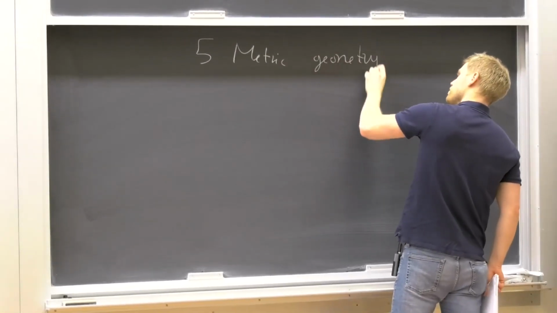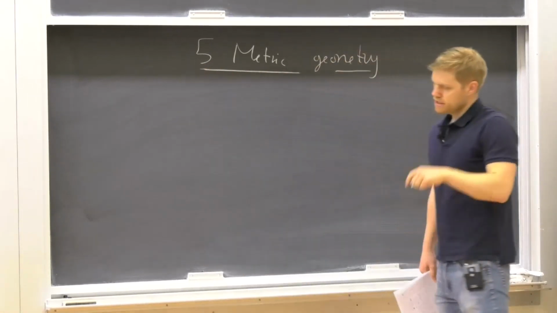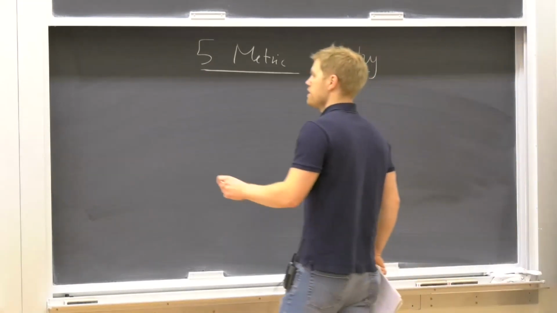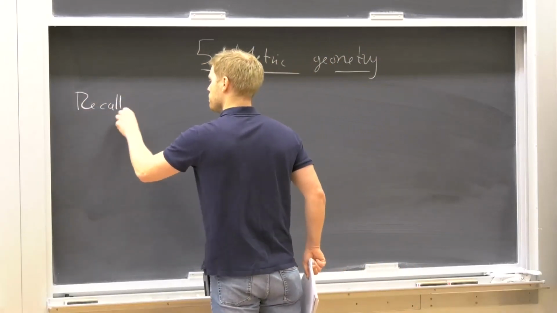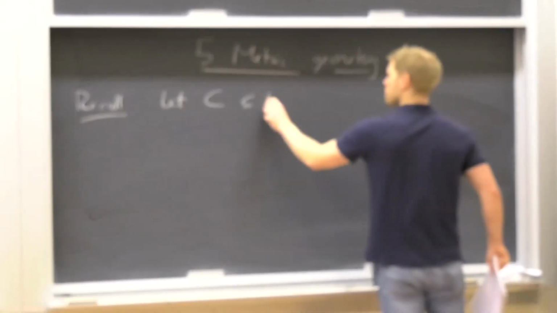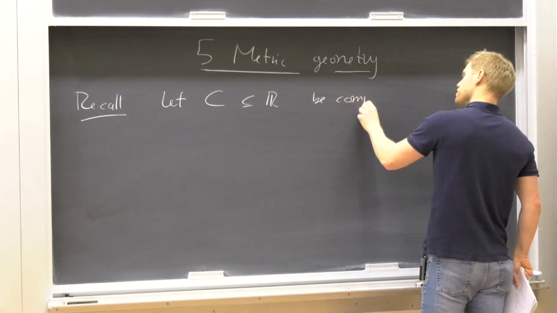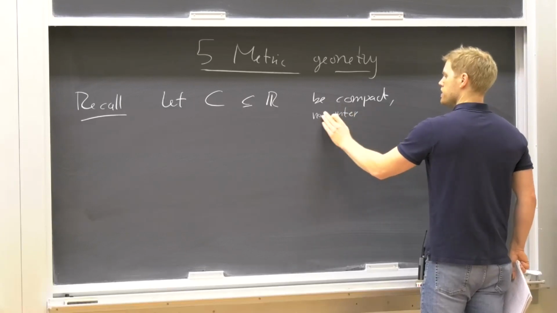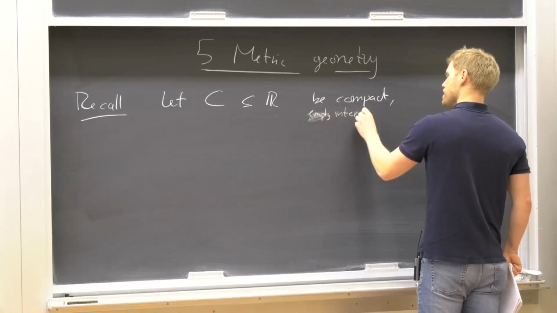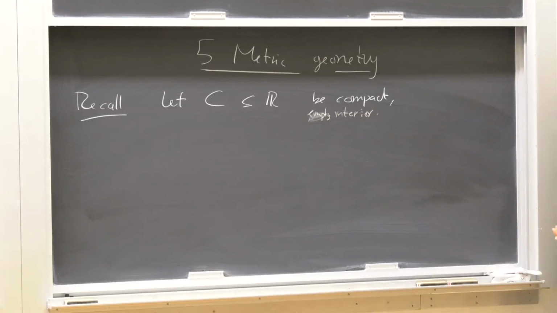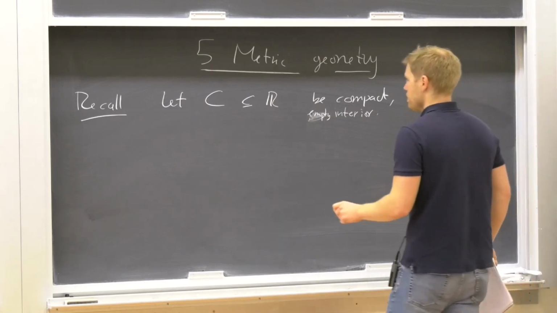And I want to recall something that we talked about when we talked about dense omega orderable sets. We improved the strong Baire categoricity theorem. Remember that when we had a compact set, or really it was enough to have a nowhere dense set, E compact with empty interior, we had this idea of taking the complementary intervals and taking the left endpoints of these complementary intervals.